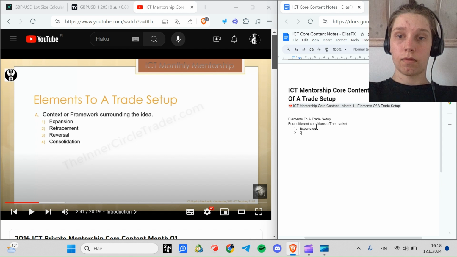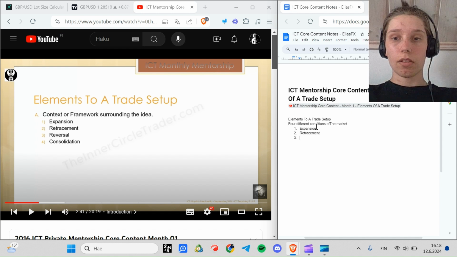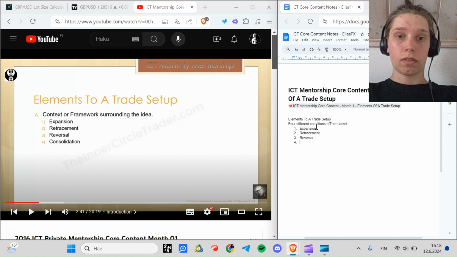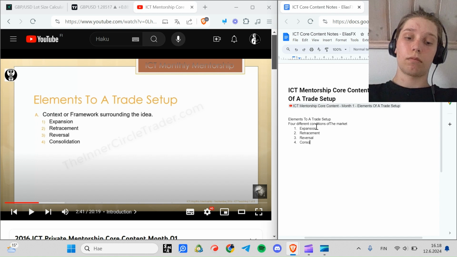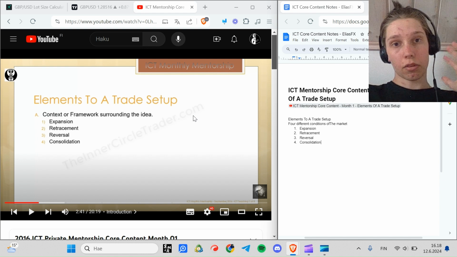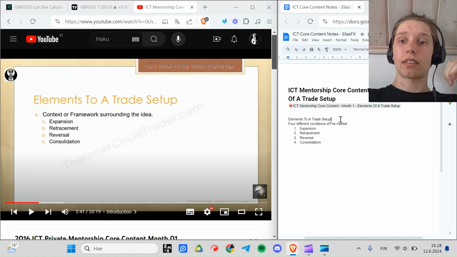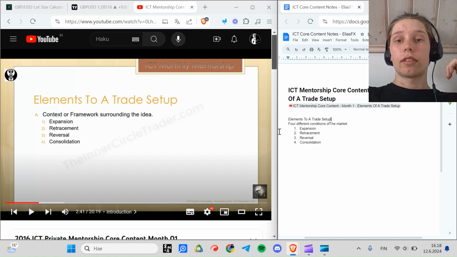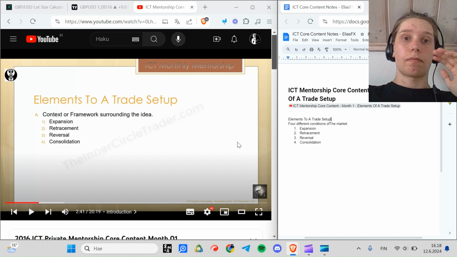Two, retracement. Three, reversal. And four, consolidation. And then I'm going to continue watching the video and making some comments and taking notes when it's appropriate.